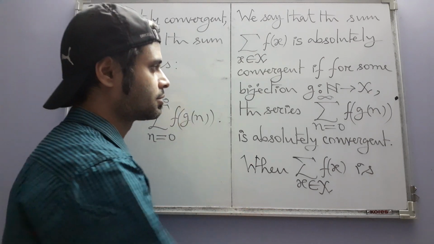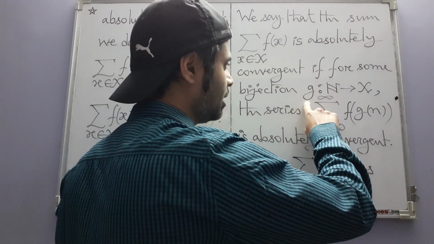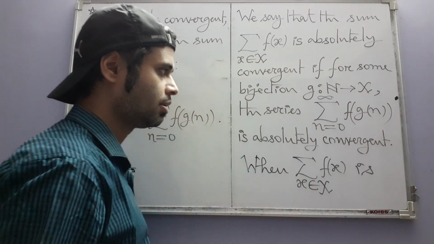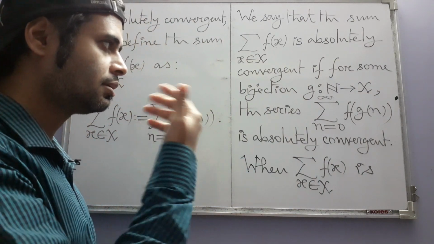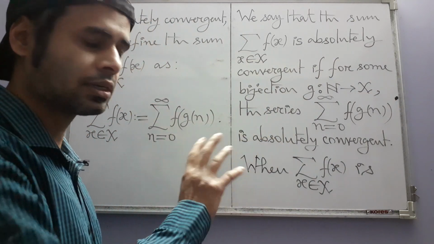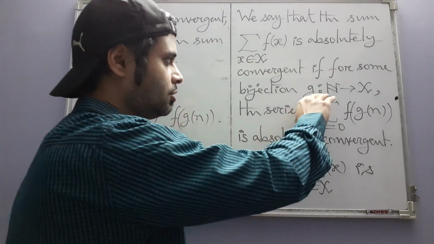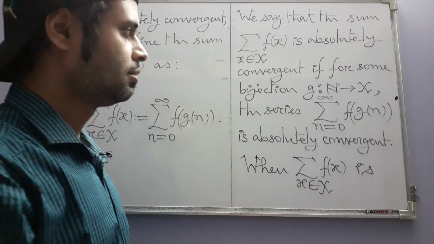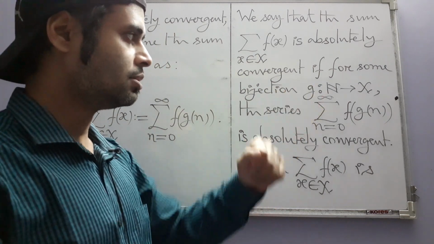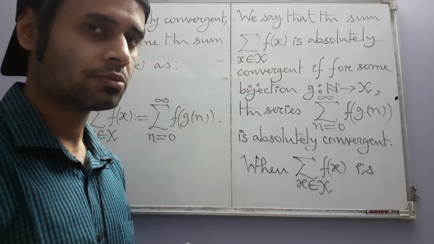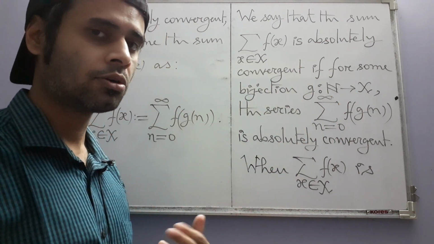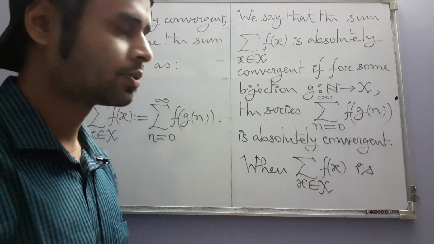Now, you may come across one bijection for which this is not absolutely convergent. Just on the face of it, we can say, maybe there is one g for which this is absolutely convergent, maybe there is another bijection h for which this is not absolutely convergent, say.